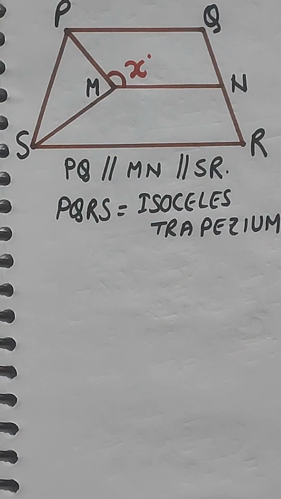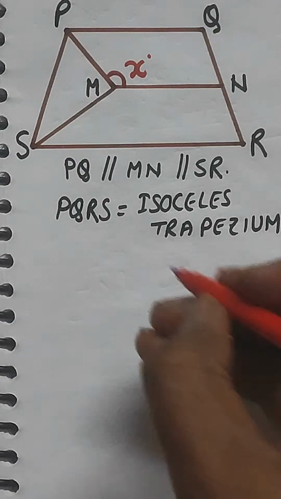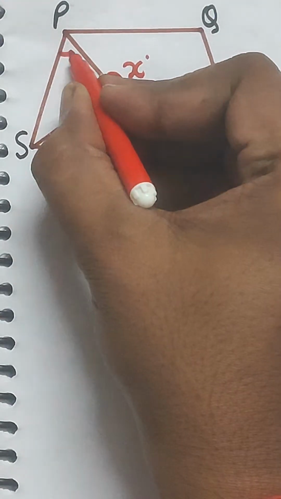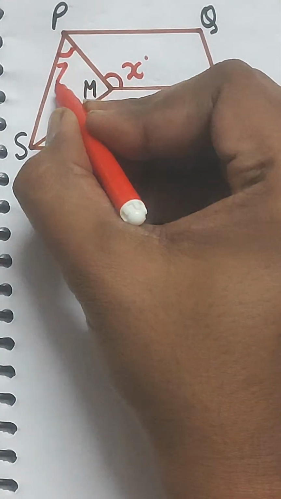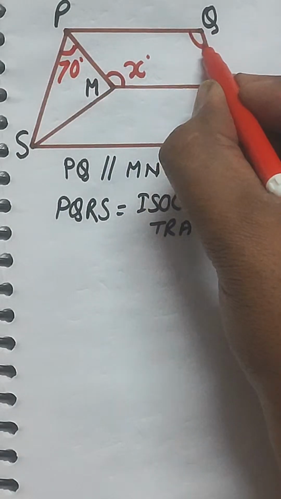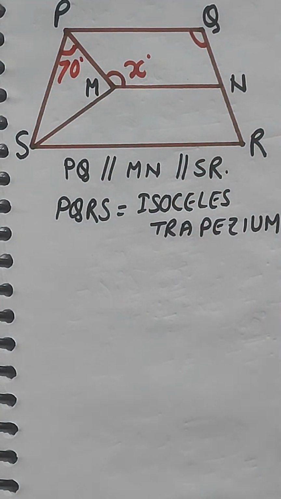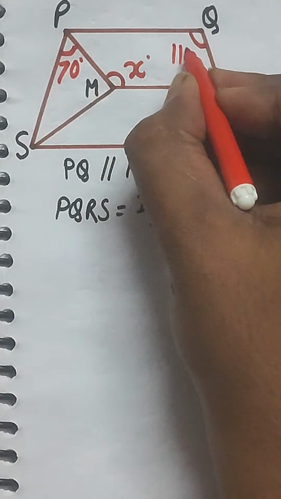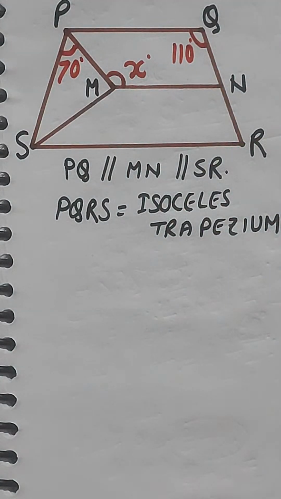Now in this question, another data which is given to you is angle SPM is 70 degree, right? That is angle SPM. This angle is given to you as 70 degree. And PQR, this angle is given to you, and the value of this is 110 degree, right?